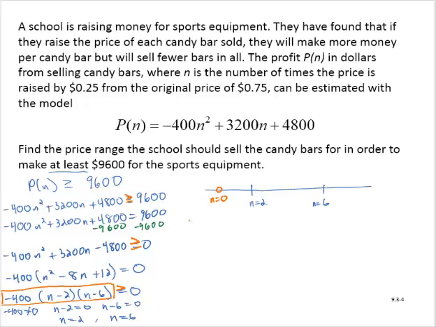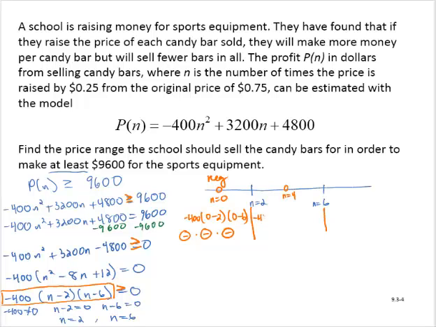So let me test n equals 0. If n equals 0, I would have negative 400 times 0 minus 2 times 0 minus 6, which is a negative times a negative times a negative. So this region comes back negative. Now testing in between n equals 2 and n equals 6, let's test n equals 4.